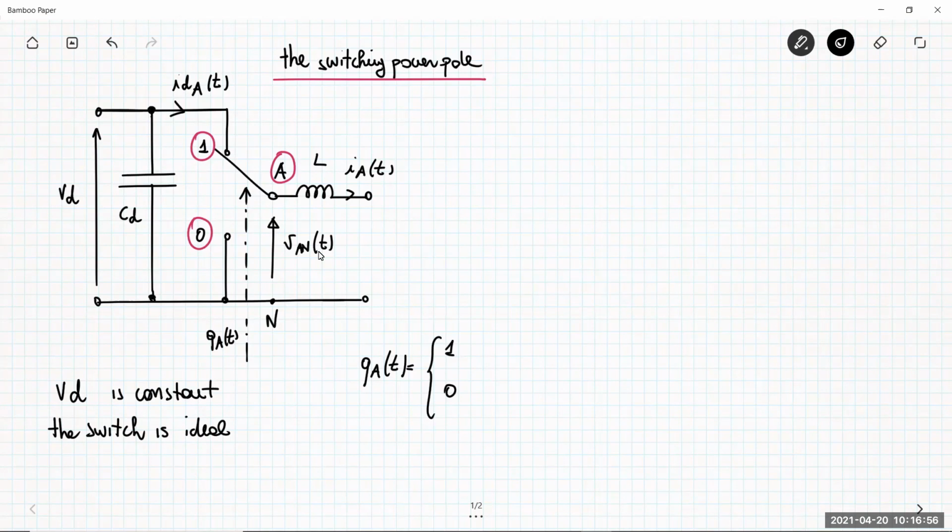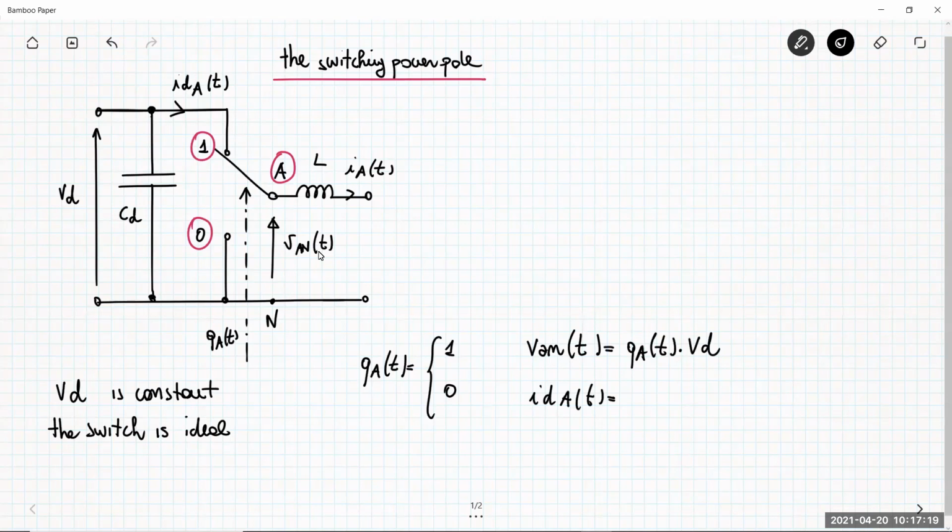Having these characteristics, we found some instantaneous expressions. For example, VAN(t) is equal to QA(t) multiplied by VD. The same happens for the current IDA(t), which is QA(t) multiplied by IA(t).